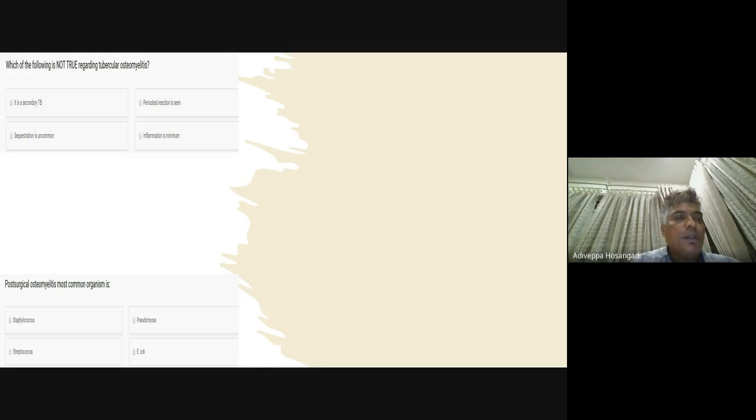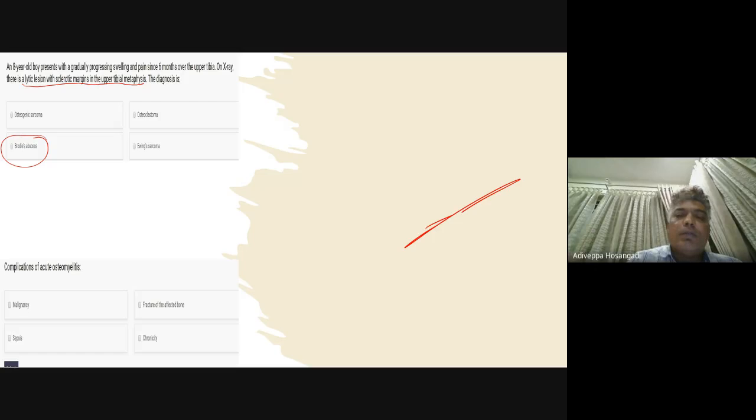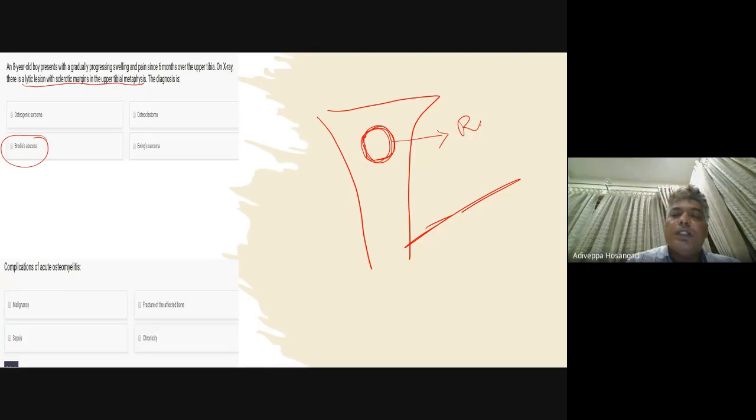Brody's abscess is most commonly seen in the upper end of the tibia, a very well contained cavity. This is also called a sign if seen on MRI.